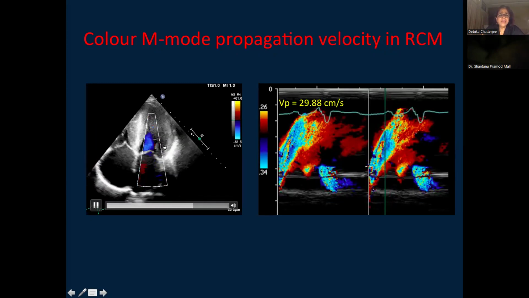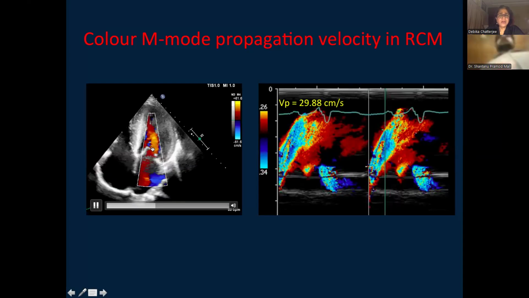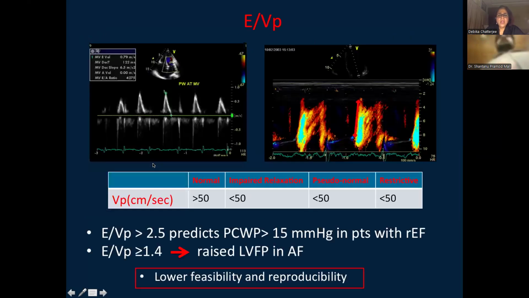The LV relaxation is very highly impaired, and as a result blood is flowing slowly from the base to the apex. This particular criterion has low feasibility and reproducibility, but still you can do it.